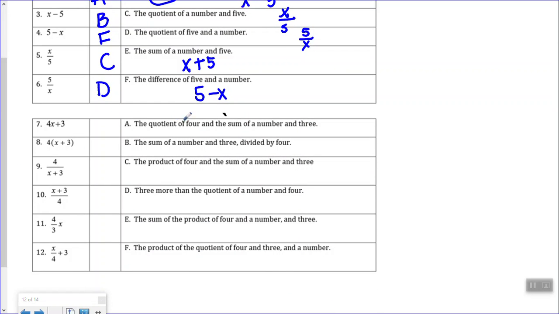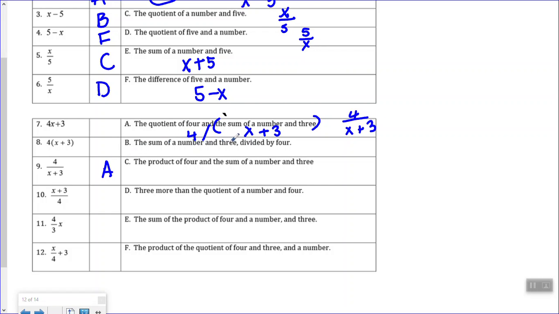The quotient of 4 and the sum of a number and 3. So the sum of a number and 3 comes first, so the sum of a number and 3 is x plus 3, and the quotient of 4 and the sum of a number and 3 is a division, where you can write it as 4 over x plus 3, so the answer is 9.